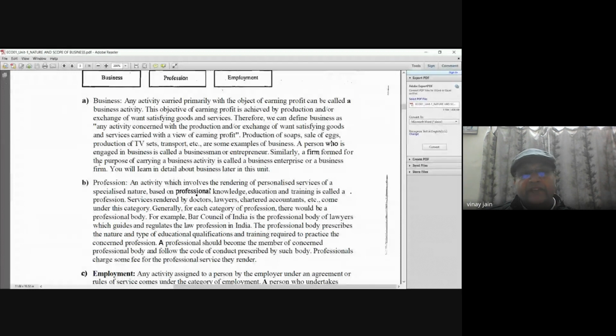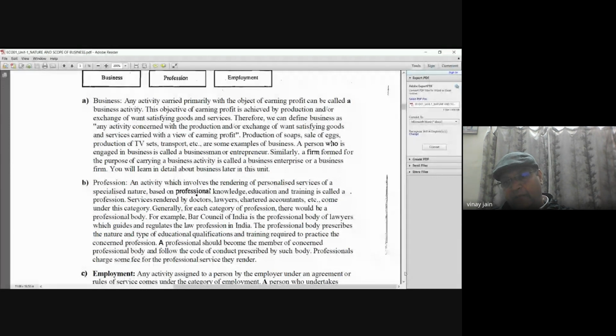An activity which involves the rendering of personalized services of a specialized nature based on professional knowledge, education, and training is called a profession. Examples are doctor, lawyer, chartered accountant, etc. So guys, this is the profession.